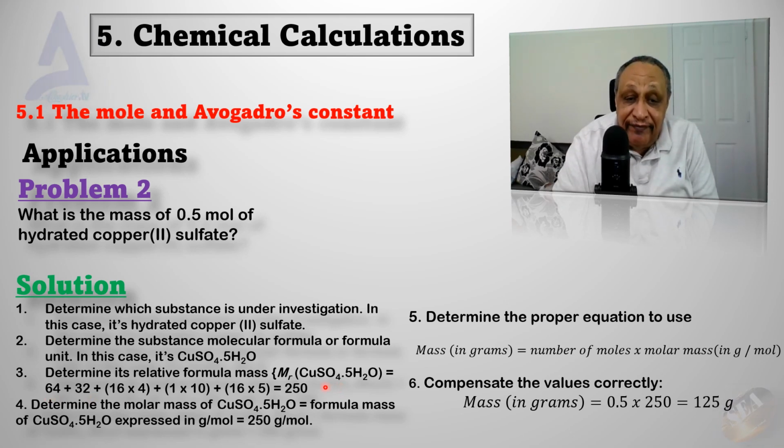And then I have 4 oxygen, so it's 16 multiplied by 4, plus 5 H2O, which gives 10 hydrogen and 5 oxygen.